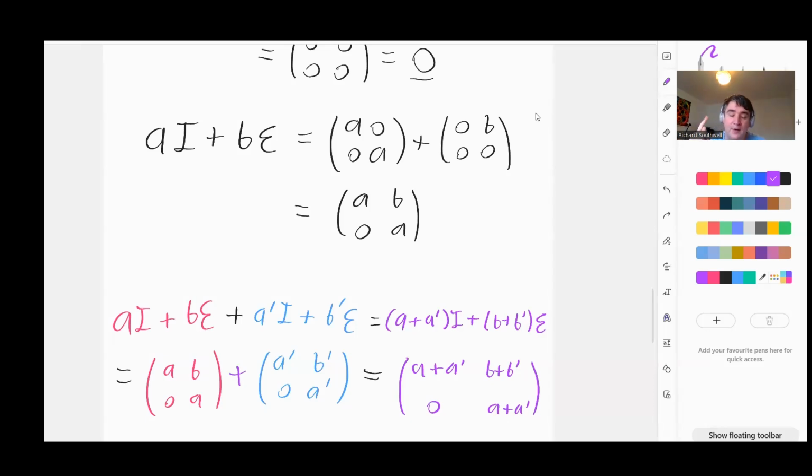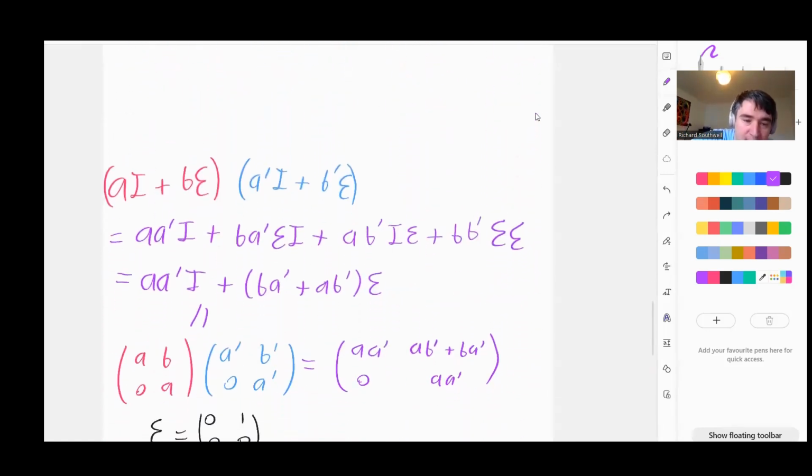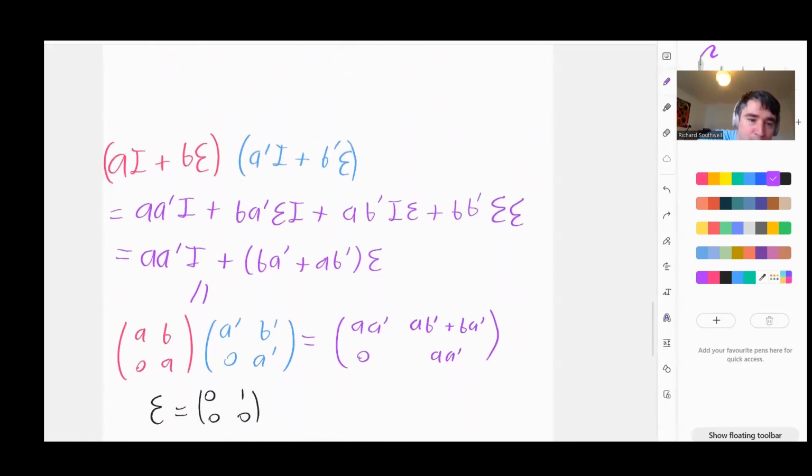But where it gets really interesting is that we can also multiply these dual numbers together. So look at this. If we multiply this dual number here by this dual number here, well, we can do it just using the algebra of dual numbers, right? It's very similar to how you manipulate complex numbers. You just say, okay, I'm going to multiply these expressions out like I know how to multiply bracketed expressions.